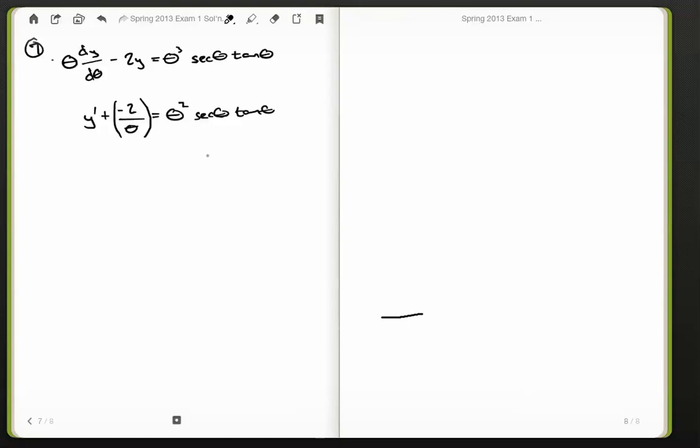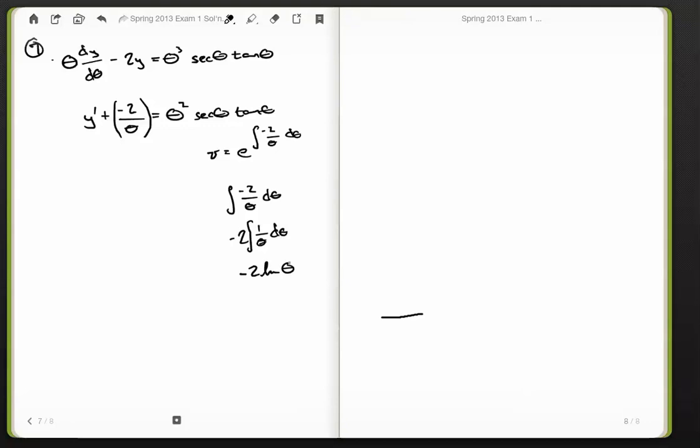So I know the multiplication factor I need is v equals e to the integral of negative 2 over theta d theta. So let's look at this integral. I'm going to write that as negative 2 times the integral of 1 over theta d theta. Well, 1 over theta d theta is a natural log, so it's negative 2 natural log of theta.